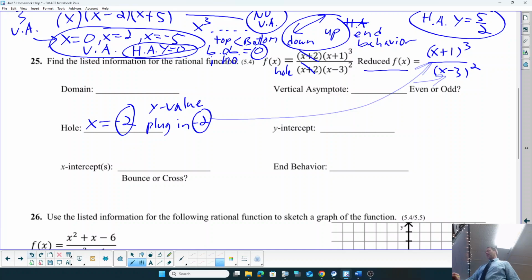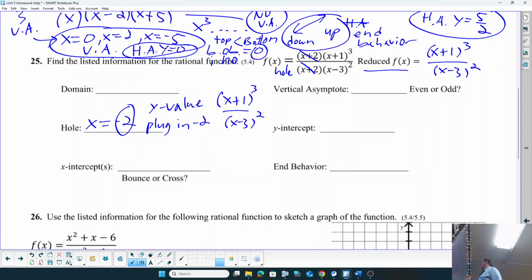So let's go ahead and plug that in. We have x plus 1 all cubed over x minus 3 all squared. Wherever we see an x, we're going to plug in a negative 2. And so we have negative 2 minus 3, so that's a negative 5 all squared.